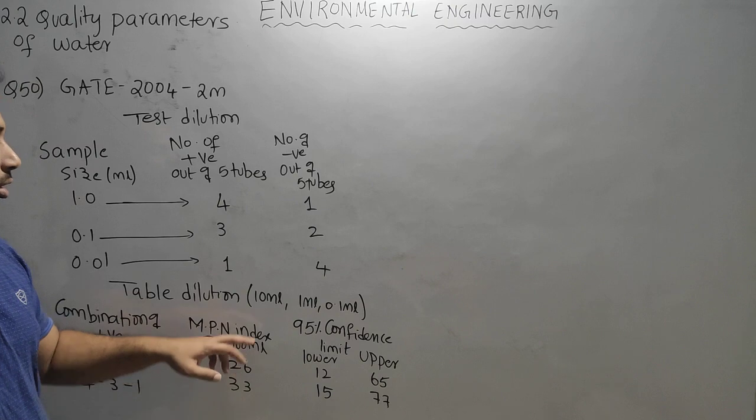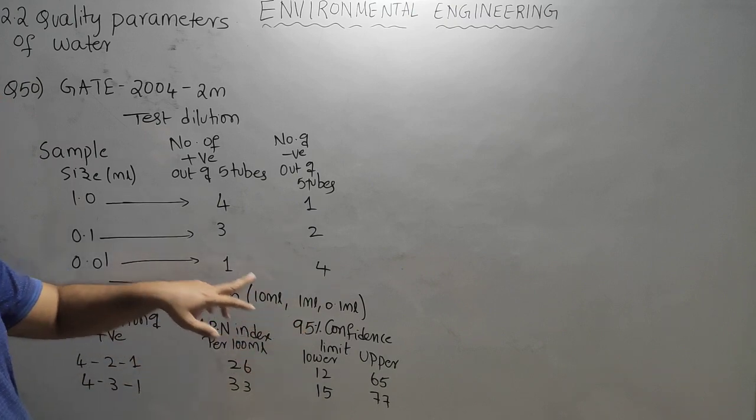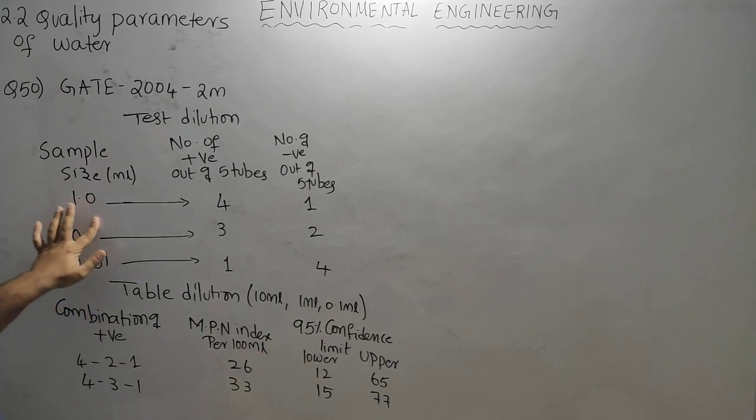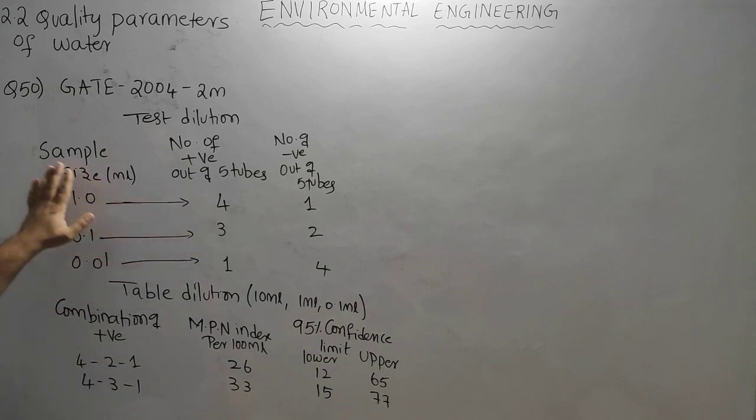But here the table dilutions were 10, 1 and 0.1, while the test dilution is 1, 0.1 and 0.01. I told you already in the previous session: if 1 ml is getting 4 positives, that means the concentration of bacteria is more here.